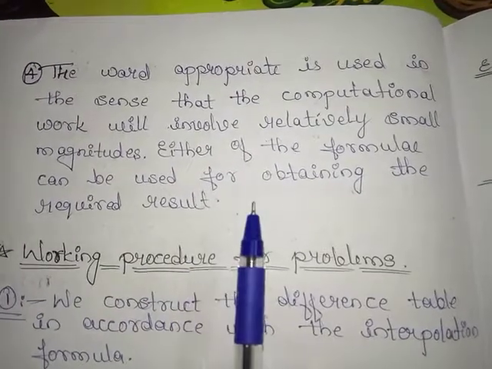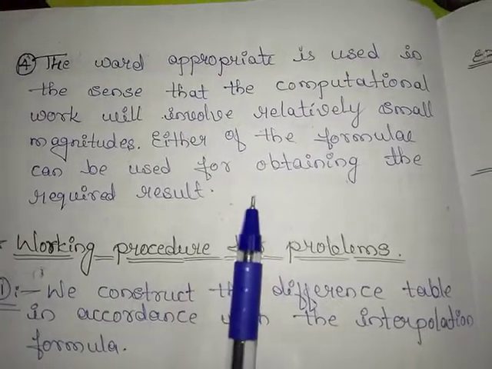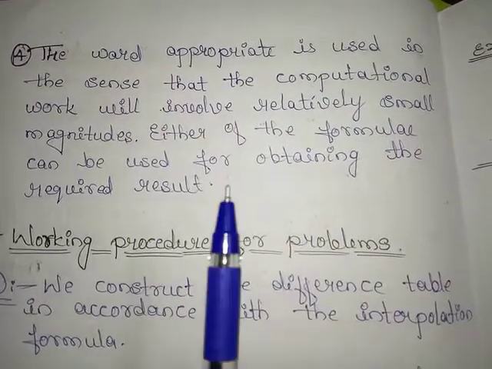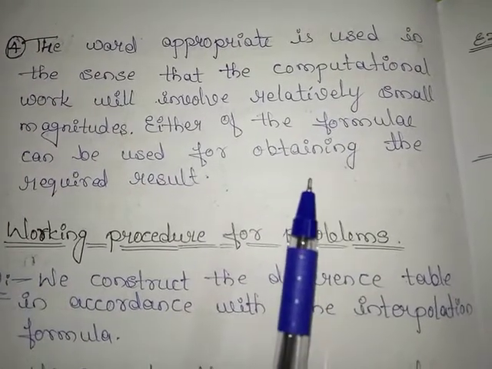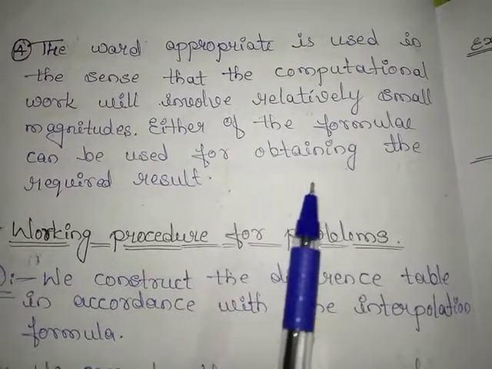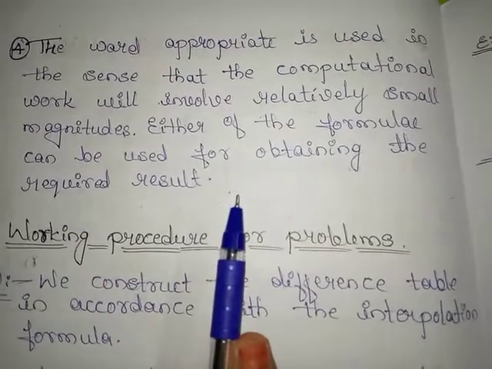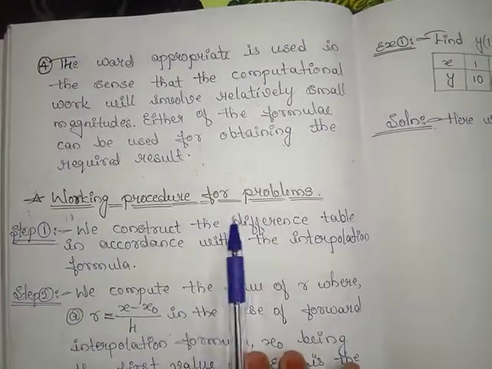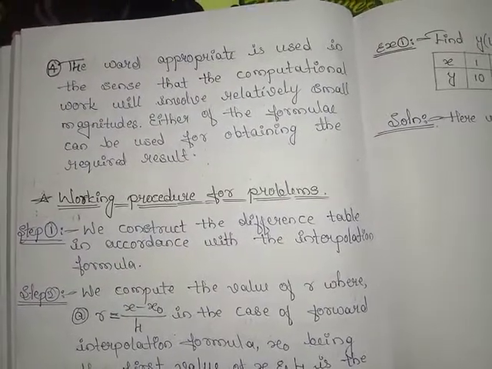For your easier calculation, if the given desired value of x lies in the first half, use Newton's forward interpolation formula, and if that desired value of x lies in the second half, use backward interpolation formula. In the next class we will see the working procedure for the problems and solve some examples.